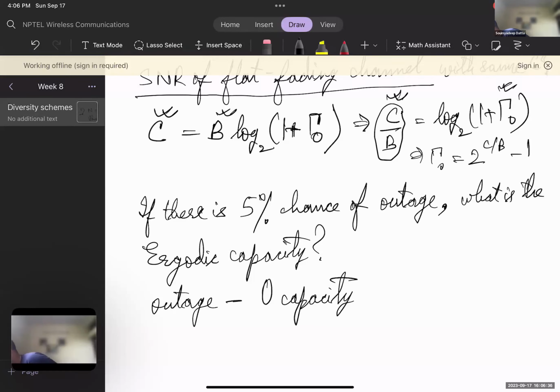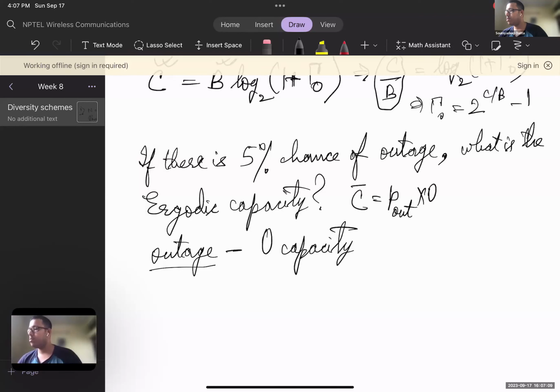So your average capacity will be probability of outage times 0, plus 1 minus probability of outage times the capacity that I have calculated earlier. Because when there is outage, I have no capacity in the channel. I cannot transmit any information. But when there is no outage, which is the rest of the probability, then I can transmit at the capacity which I've calculated earlier.